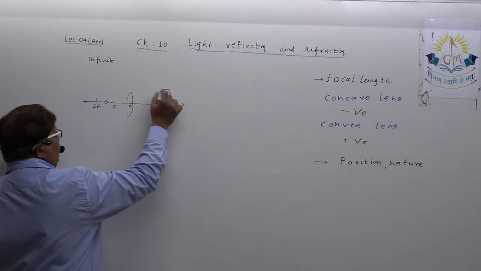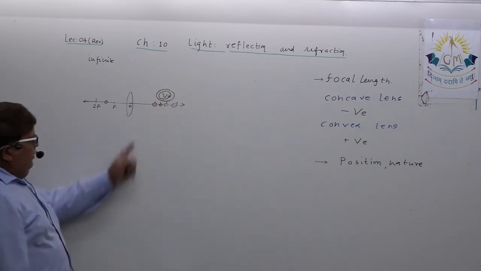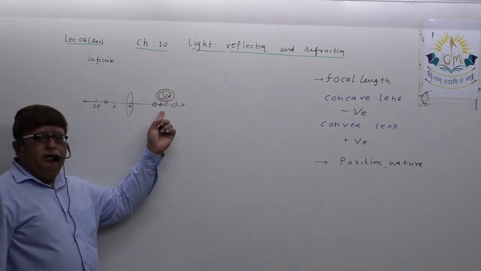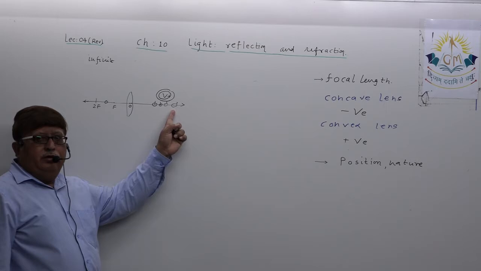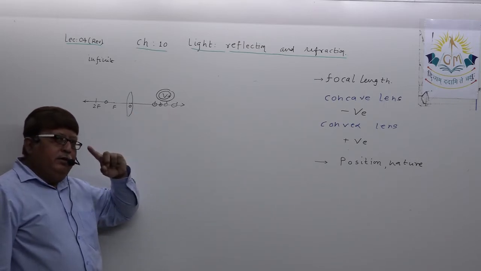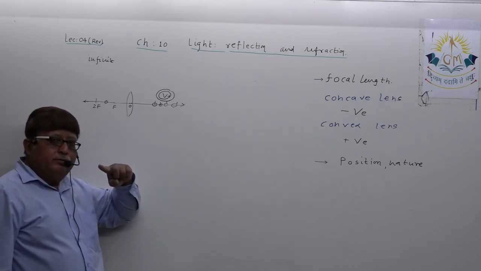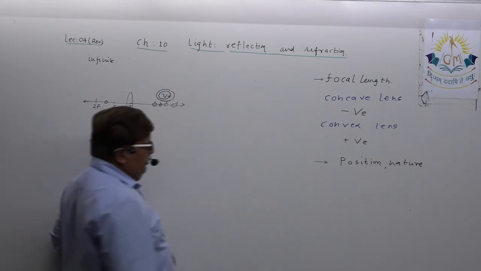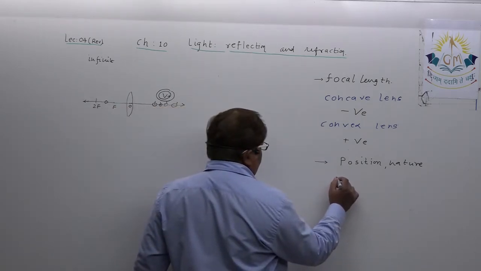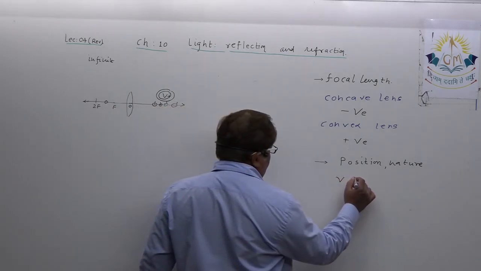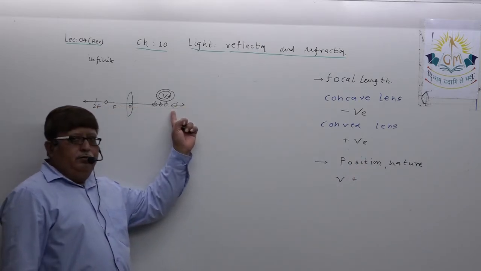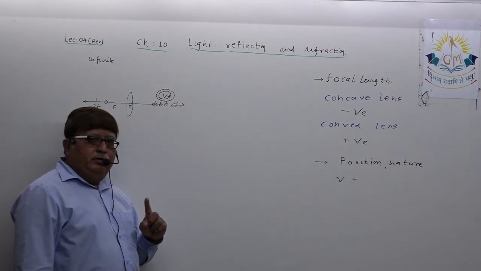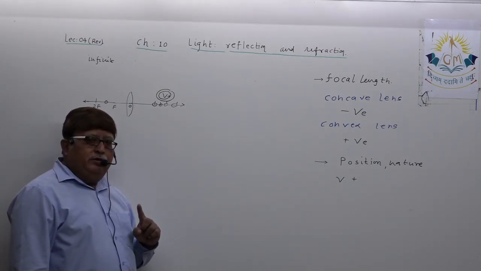So whenever, dear student, V definitely needs to be positive, because you are moving from optical center to the right side. Whenever V is positive, try to understand, dear student, that means the image distance.